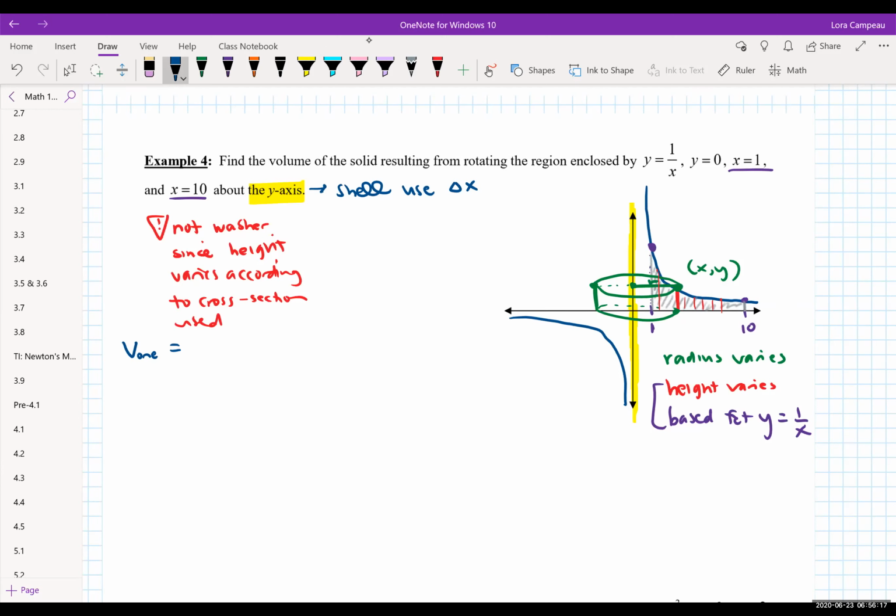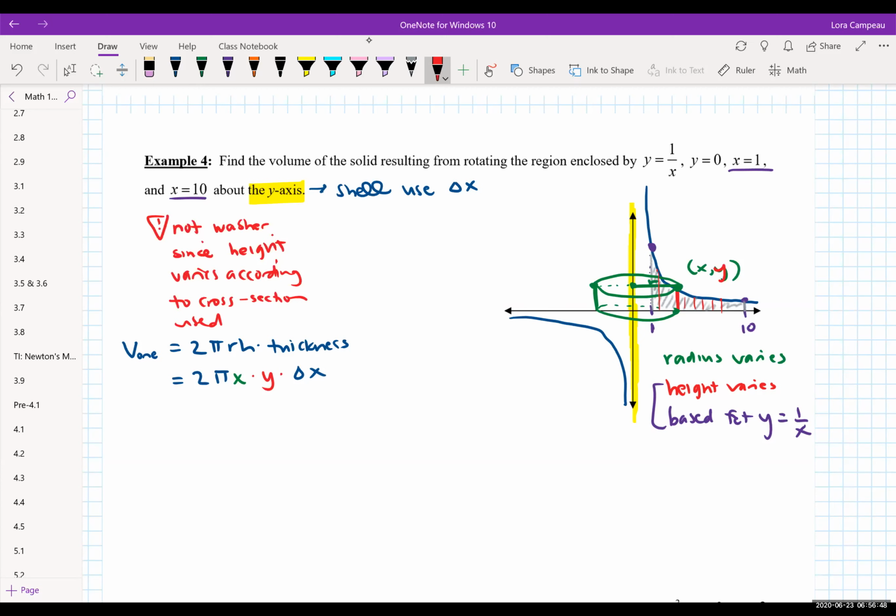We already know it's 2 pi r h times thickness, and we've established that the thickness is delta x. So now I should have 2 pi. My r is equal to x, a horizontal distance based on the point that I'm using. My h is a y value. Maybe I should color code it so that you can see according to what we did.